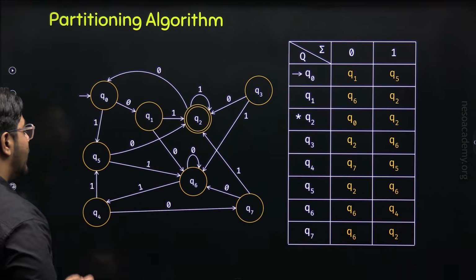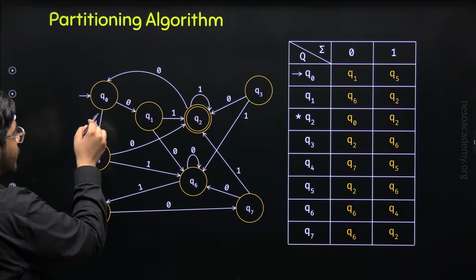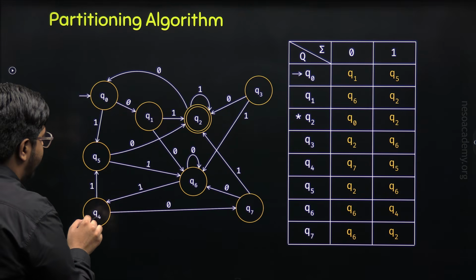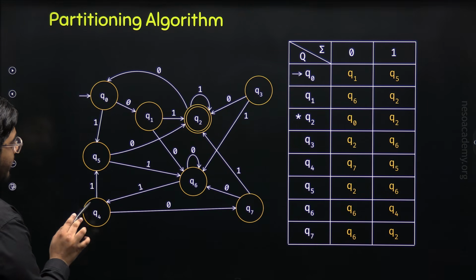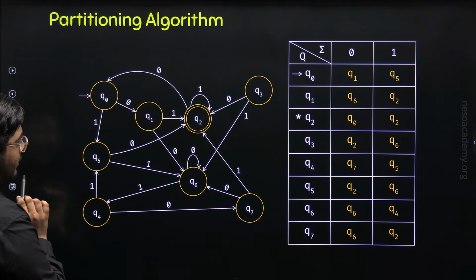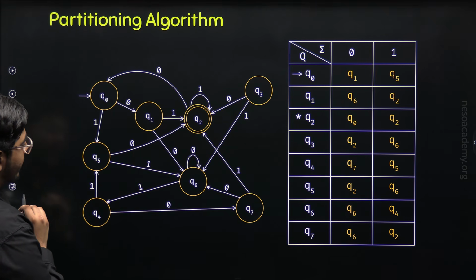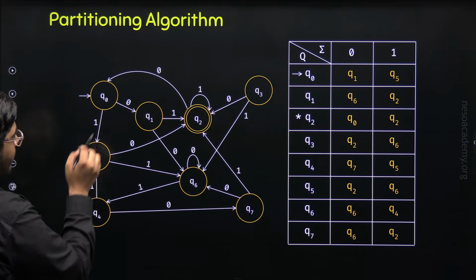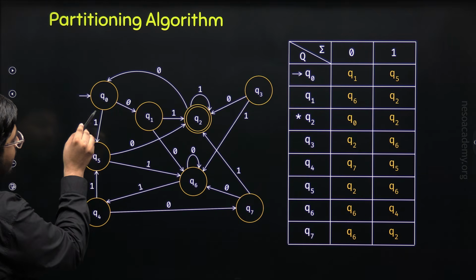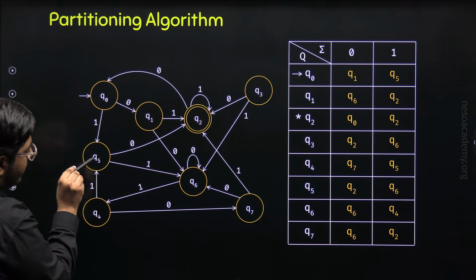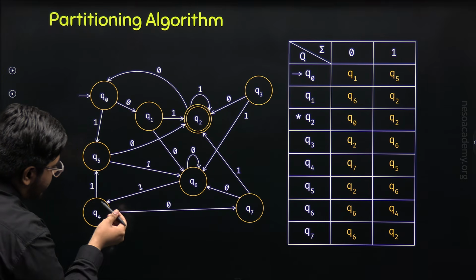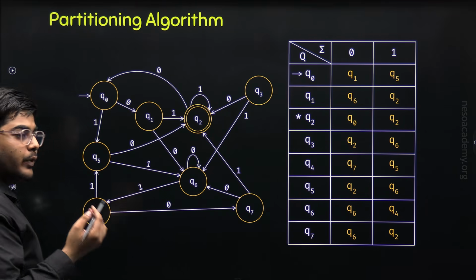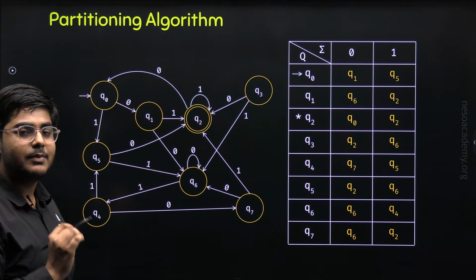Now let's check Q4. So these two transitions cannot lead to the state Q4 because this is an outgoing transition. So let's check whether there is any other path from which we can reach Q4 from Q0. So following this transition, then this one, we can reach Q4, which means Q4 is also a reachable state.